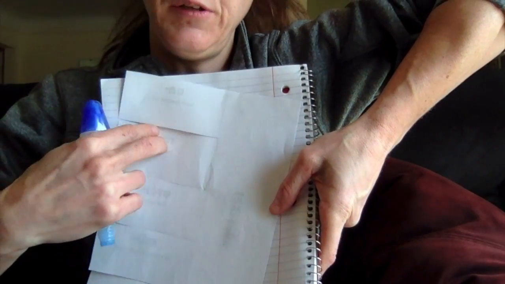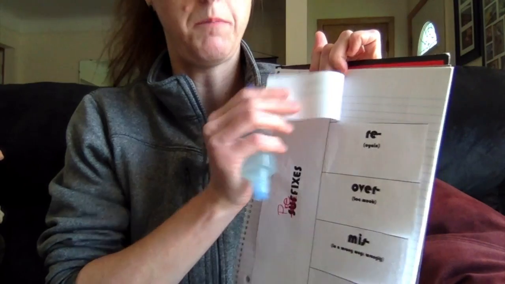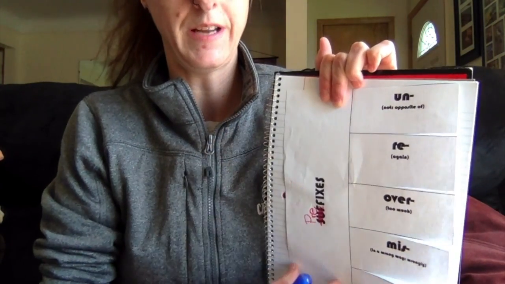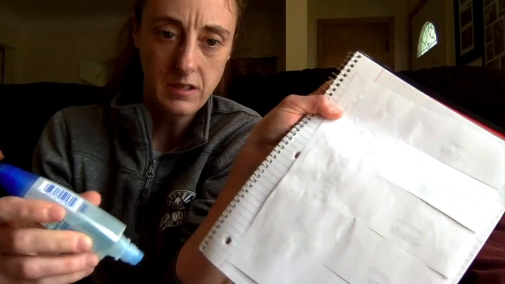I am not putting glue on the flaps. When I glue it in my book, I want these to come up, but I want this part to stay on. So I'm going to put my glue just on that square part. It doesn't need to be a ton of glue, just enough to make it stick in your book. There's glue. Make sure I have it the right way. And now it's glued in.